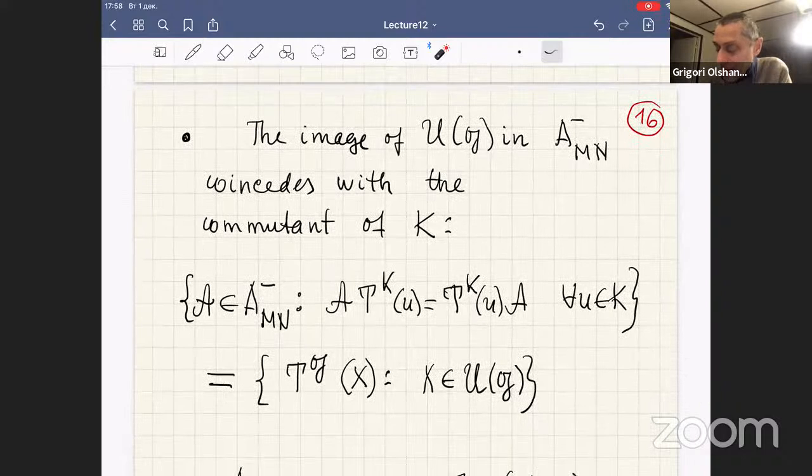Let's consider the subalgebra of this object, which consists of all elements script A of our algebra which commute with all operators which come from our compact group. And the claim is that this subalgebra of invariants is the same as the image of our universal enveloping algebra.